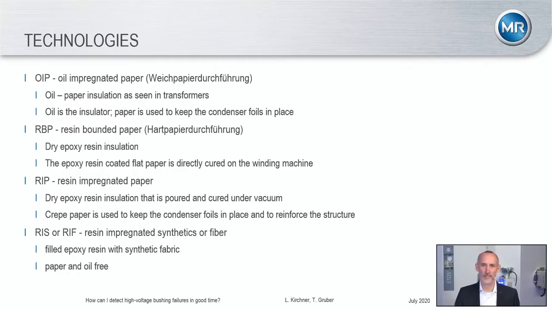So therefore, a manufacturer usually would tell you to transport this bushing at least under 15 degrees. And that's a downside of this technology. If you're looking for dry type bushings, they are much more robust.